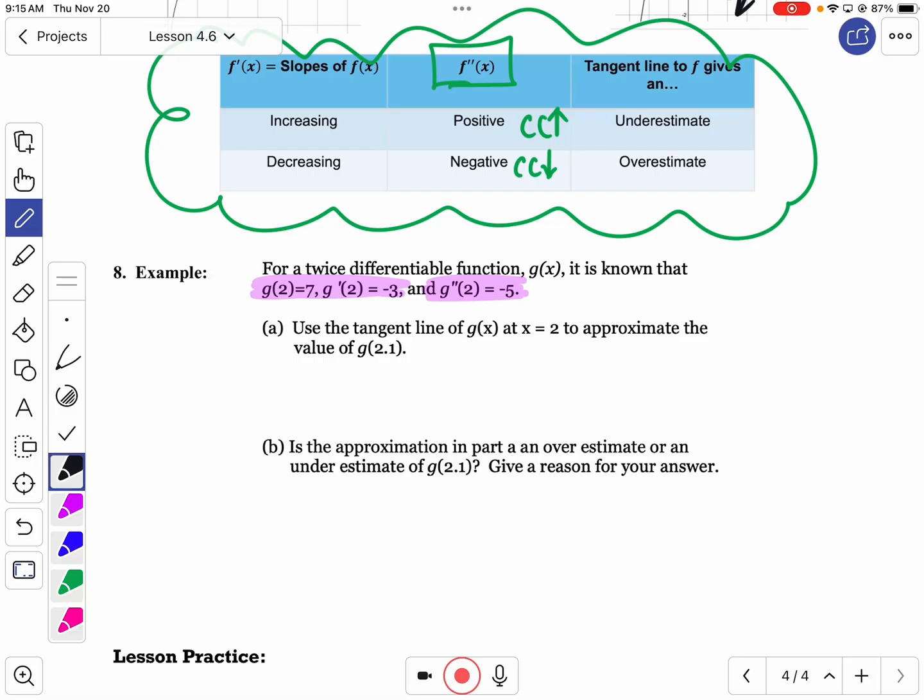Step 1, use the tangent line of g of x at x equals 2 to approximate the value of the function at 2.1. Go.